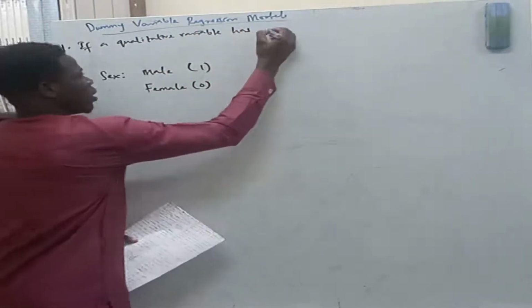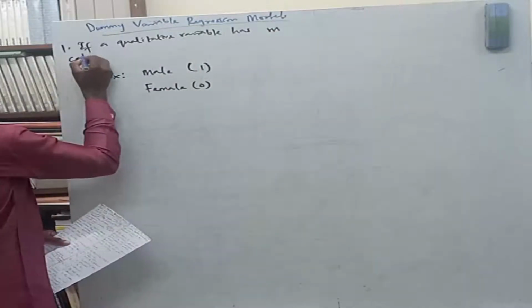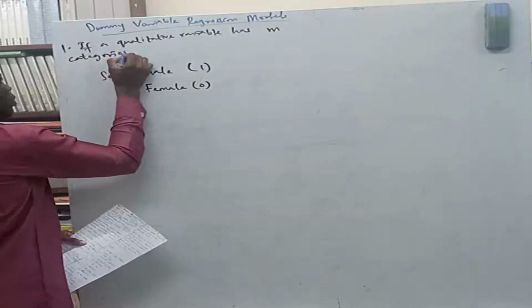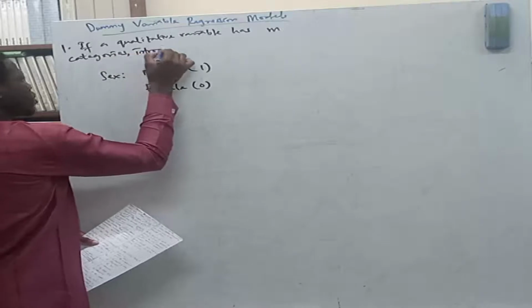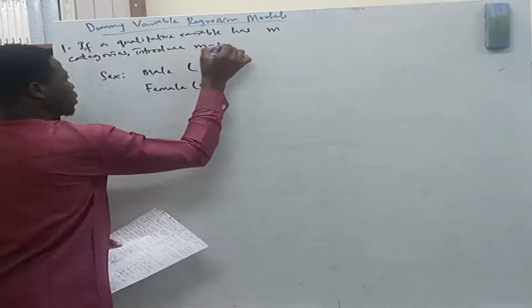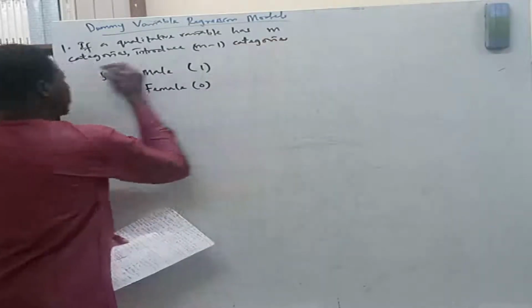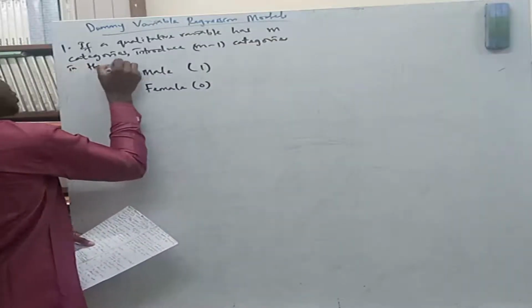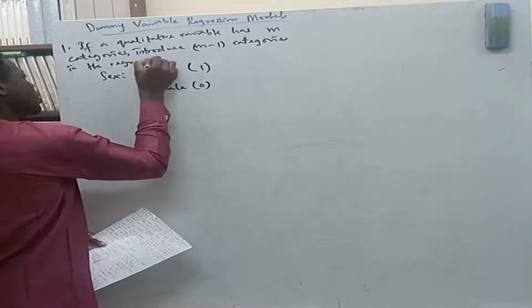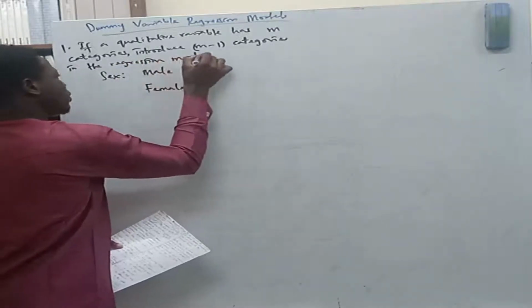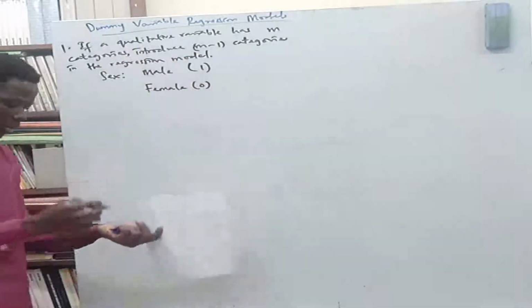So if a qualitative variable has n categories, introduce n minus 1 categories in the regression model. Now, why are we doing this?